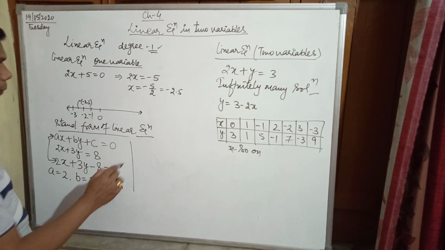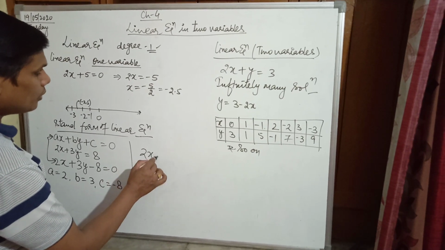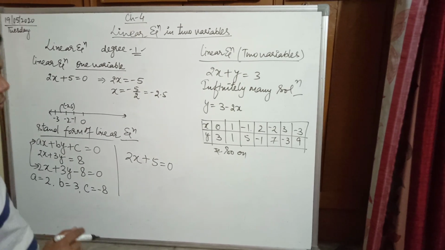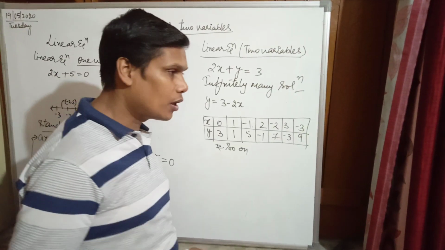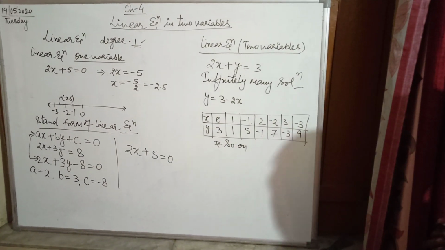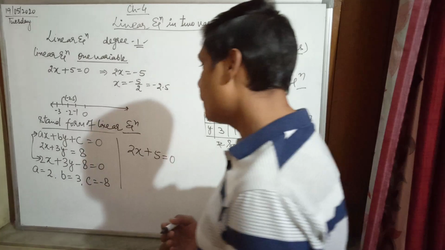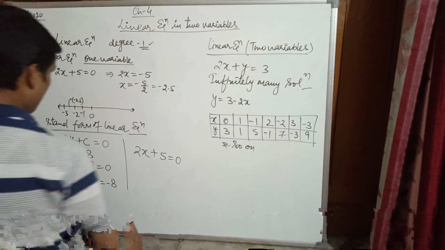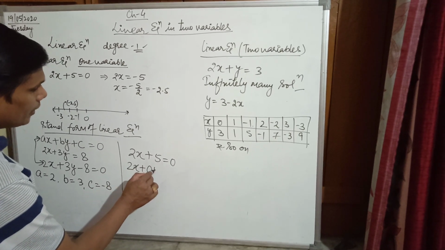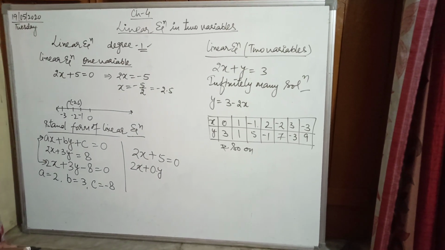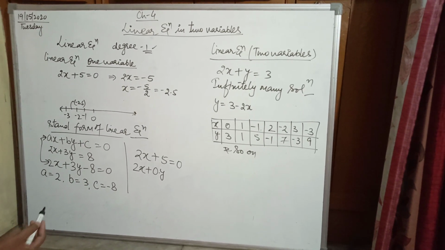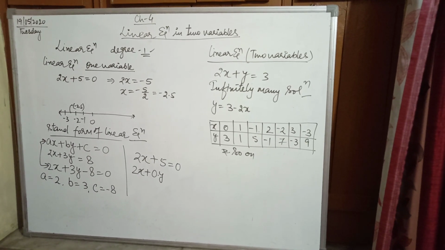But if a one variable equation is given, suppose I want to compare 2x plus 5 is equal to 0 with the standard form, then what will I do? Here is a single variable, but in the standard form there are two variables. Simply I will convert this into a two variable equation. I can write it as 2x plus 0 into y, because when 0 is multiplied by anything, we get 0.